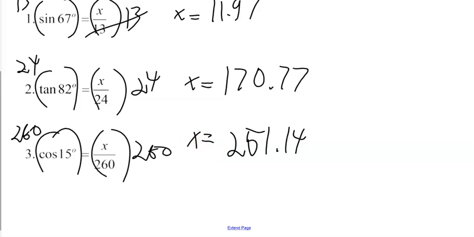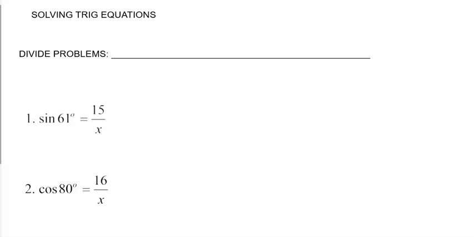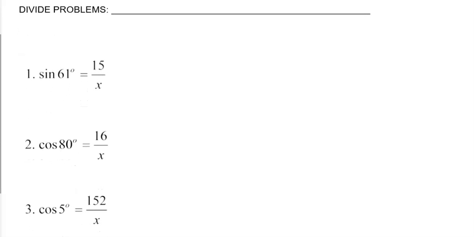Let's make that 5 actually look like a 5. All right, now this one's a little trickier because the x is on the bottom. I'm going to show you the long way and then the shortcut. So technically we need to get the x on the top. Okay?